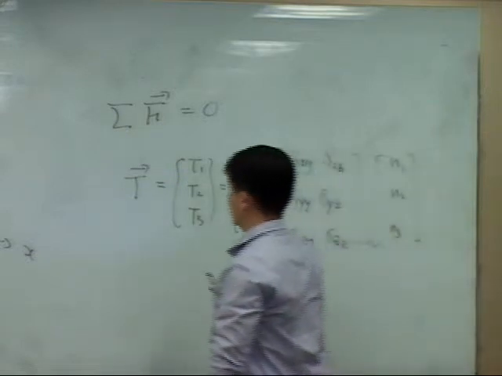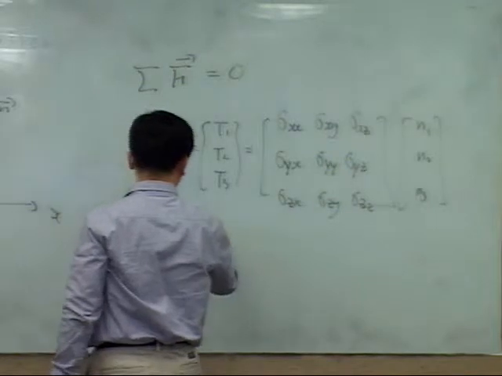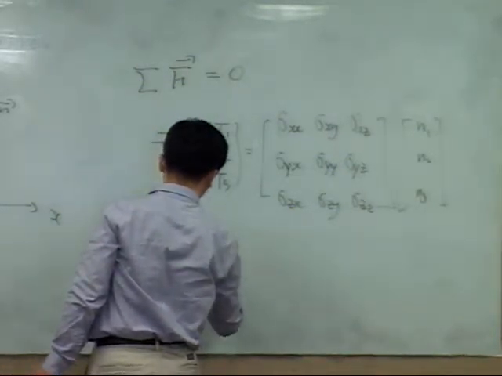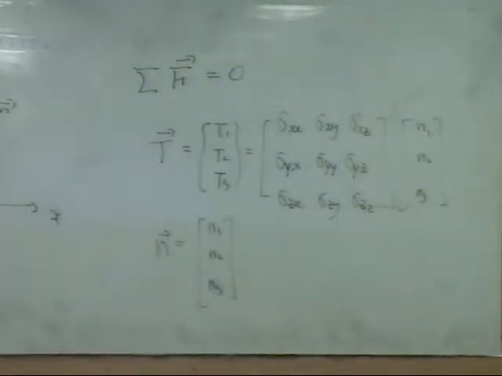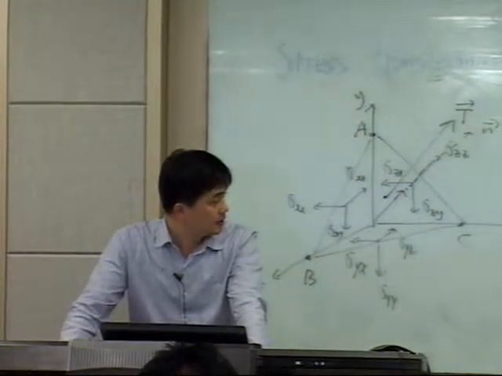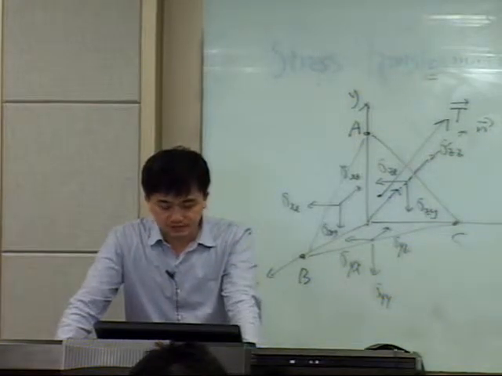Here n is a vector normal to the surface. Okay? We can derive this. The actual derivation is not very easy, but everybody can do it with some time. I'm going to give you just the final equation.